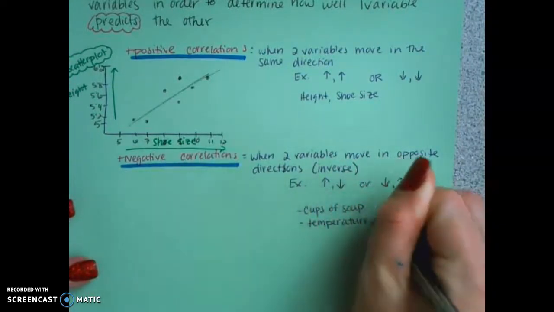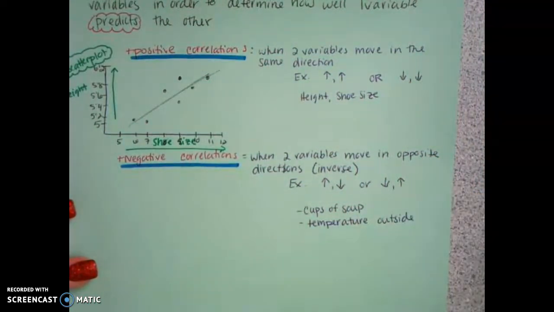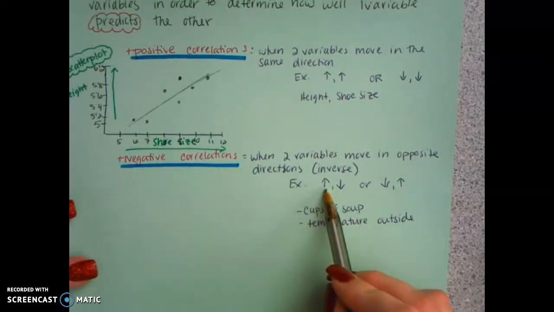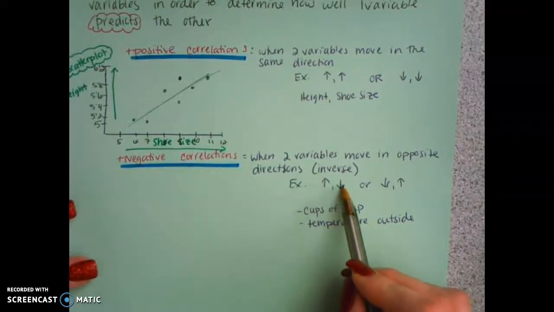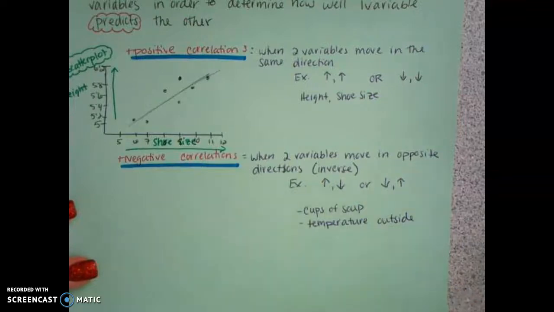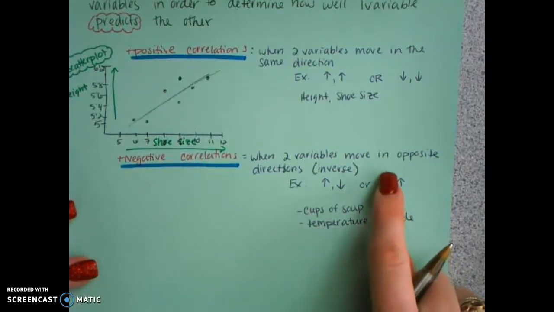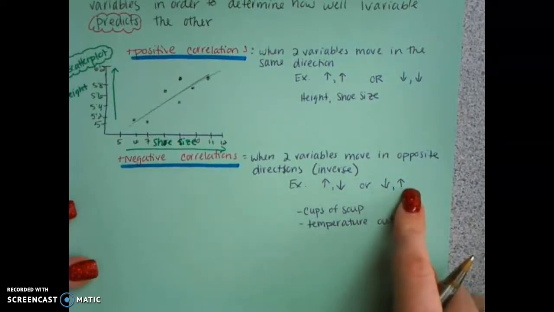And so most of us, if you were to think about this logically, you would argue that you will sell more cups of soup, so more soup is sold, the lower the temperature is, right? Like I don't know how many people are interested in eating tomato soup when it's 105 degrees outside in the summer, right? So the sale of soup is going to go down when the temperature goes up outside, okay?